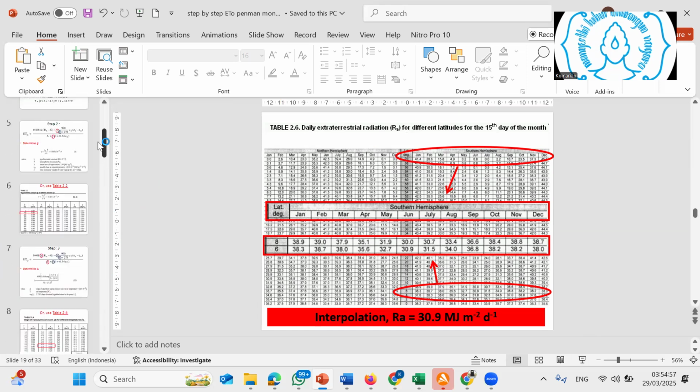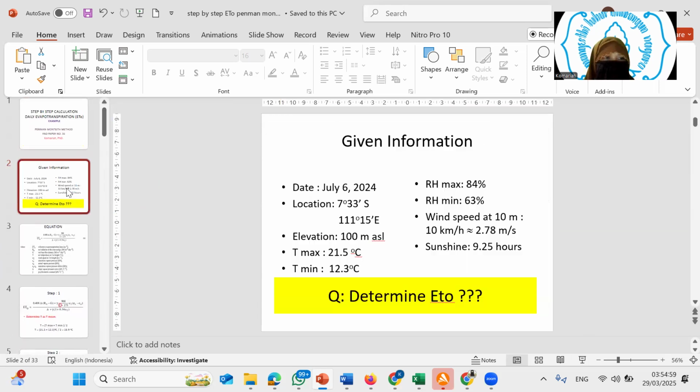So in the information given, we understand that the latitude is southern hemisphere, and the month is July.